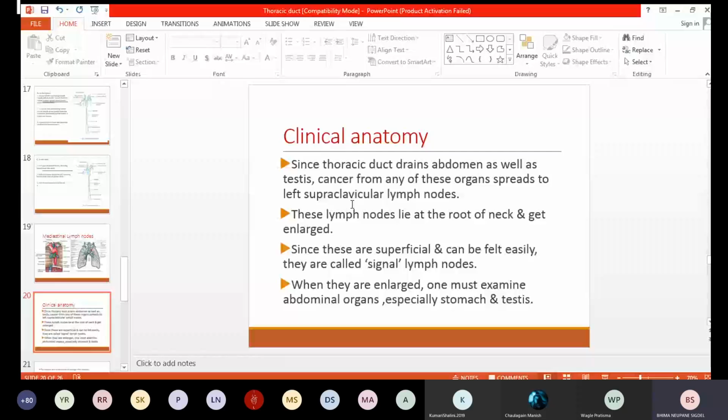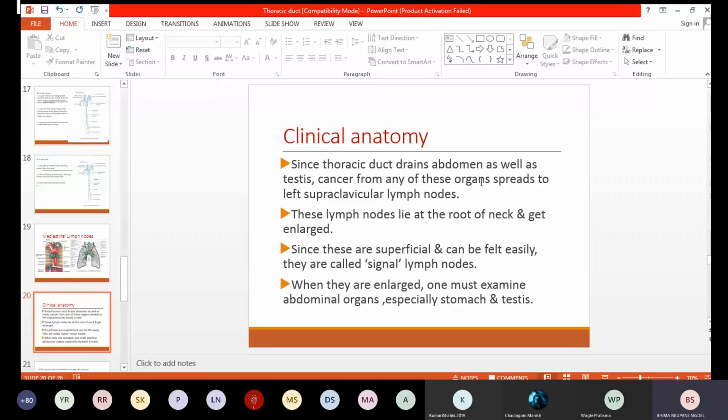Because they can be felt easily, they are also known as the signal lymph node of our body. They show the sign that there is some change in your body. That's why the left supraclavicular lymph node is known as the signal lymph node.